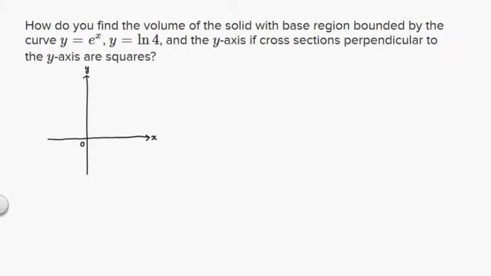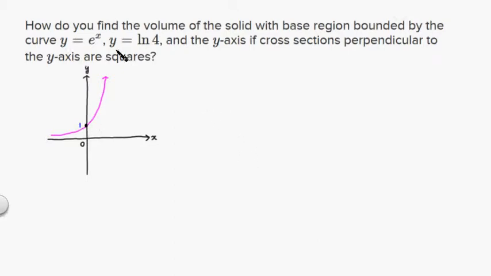So the graph is an exponential function, so we know how to draw it, and it's increasing quite rapidly. The y-intercept is going to be 1 because e to the 0 is 1, so that's going to be 1 there.